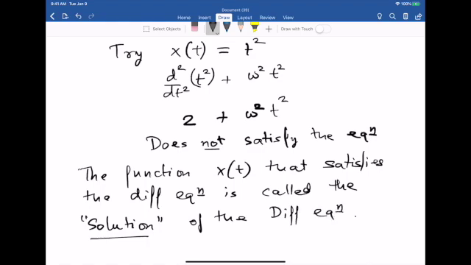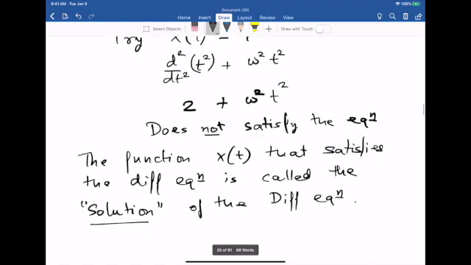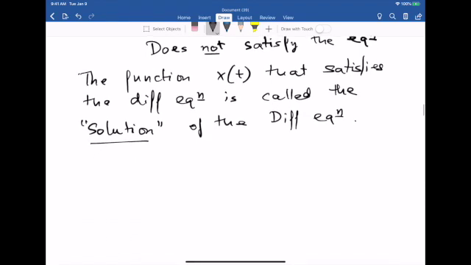So if you're given a differential equation, the solution to the equation means the function that satisfies that differential equation. In other words, the function which if you plug into that differential equation, you will get a true statement.